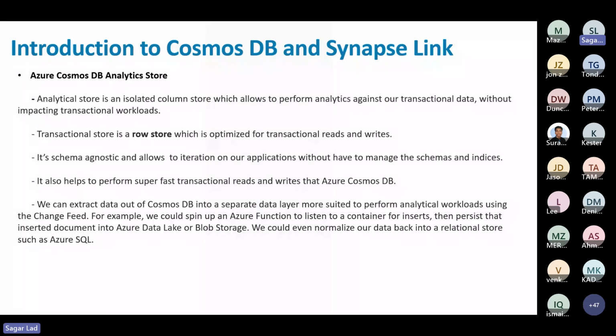Then without making any changes to the Cosmos DB schema, you will be able to ingest data, and it also allows you to iterate on the application without having to manage the schemas and indices. So schema drift and indexes are out-of-the-box capabilities of the analytical store with Cosmos DB.